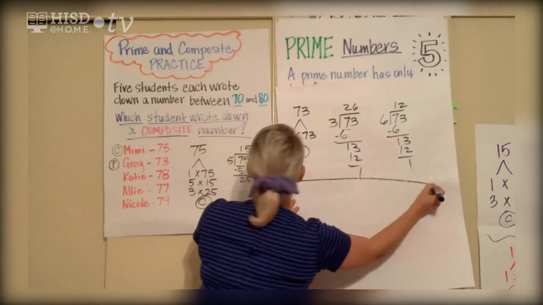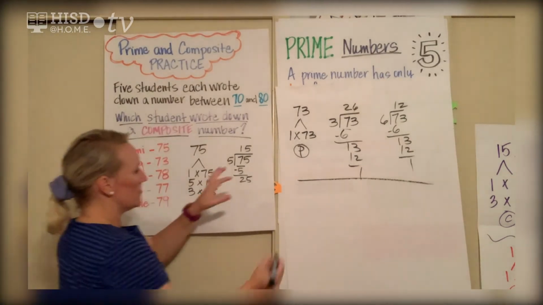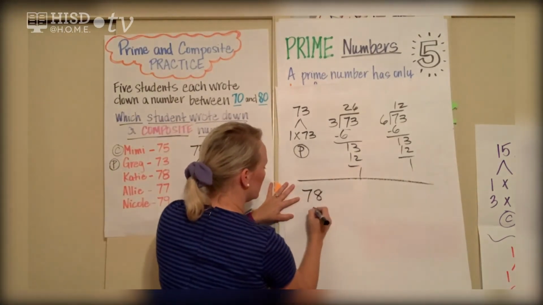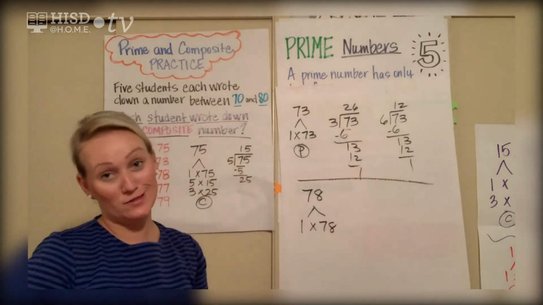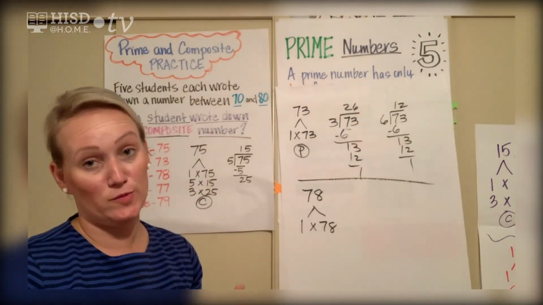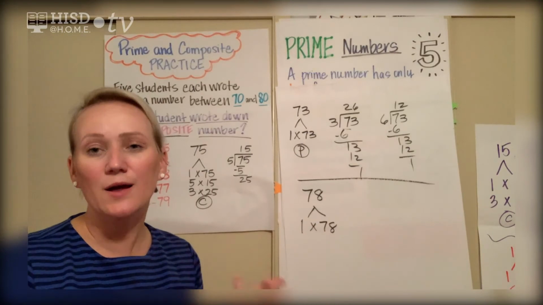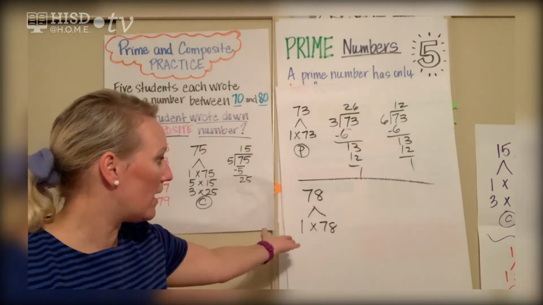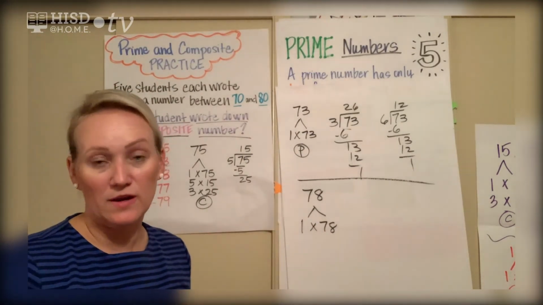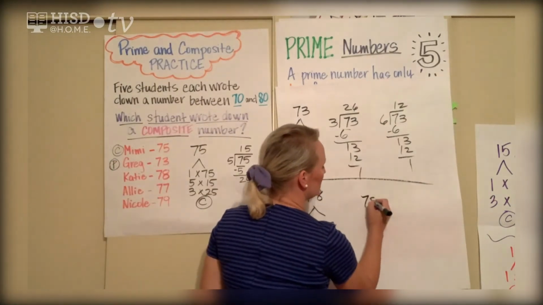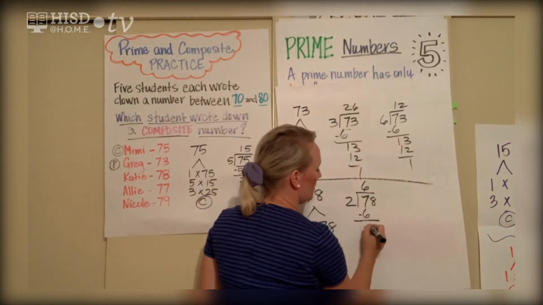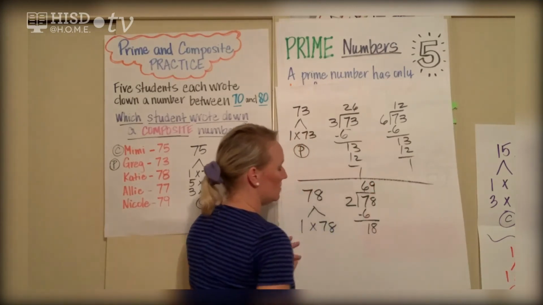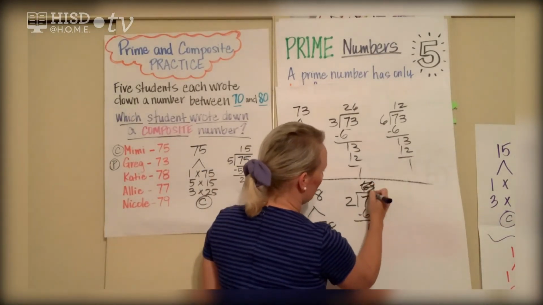Okay, what about Katie? She had 78. So we know 1 times itself. And I already know this is going to be composite. Hopefully you guys do too because it's divisible by 2. And how do I know that, right? I know that because it's an even number. So 78 divided by 2 gives me, ooh, that's not right.